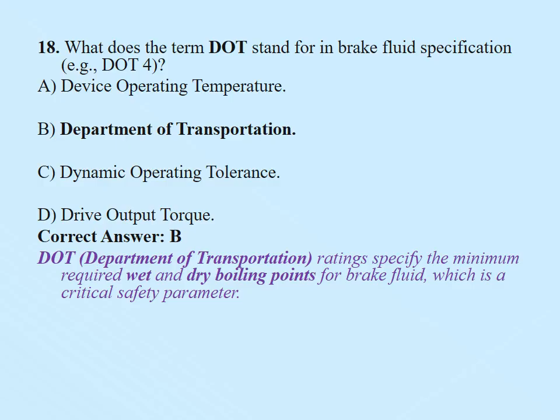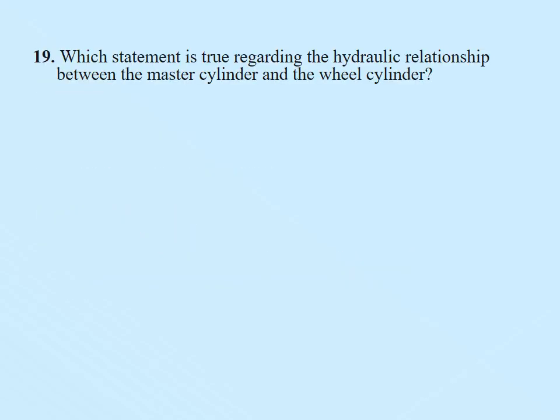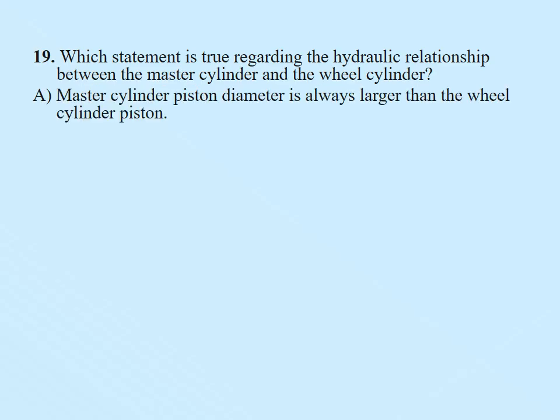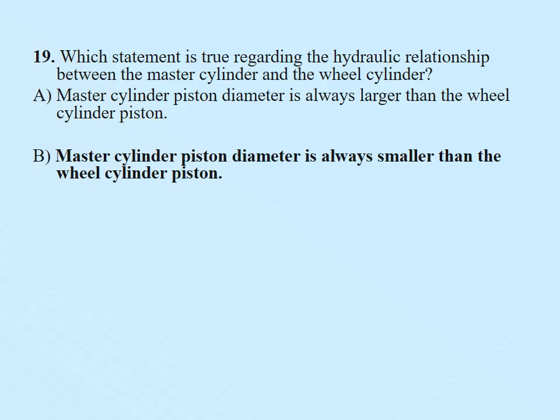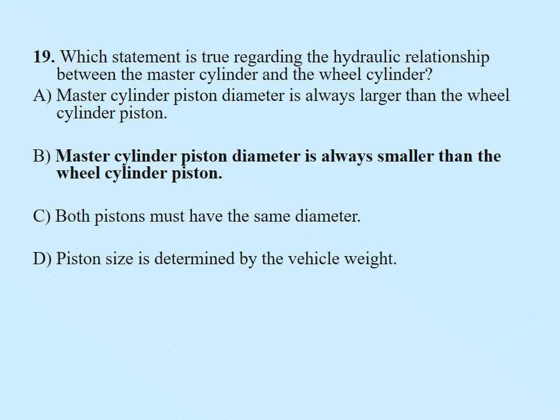Question 19. Which statement is true regarding the hydraulic relationship between the master cylinder and the wheel cylinder? A, master cylinder piston diameter is always larger than the wheel cylinder's piston; B, master cylinder piston diameter is always smaller than the wheel cylinder's piston; C, both pistons must have the same diameter; D, piston size is determined by the vehicle weight.